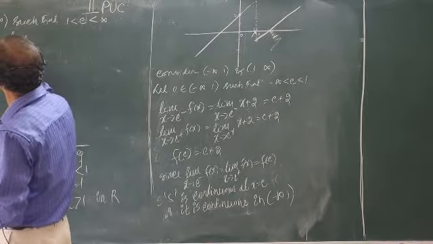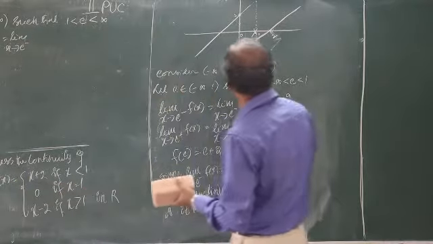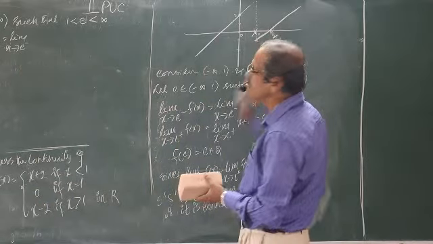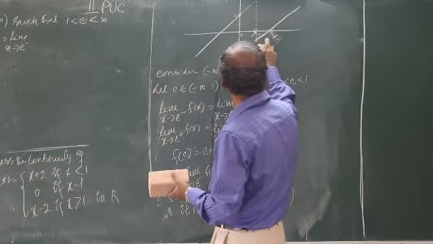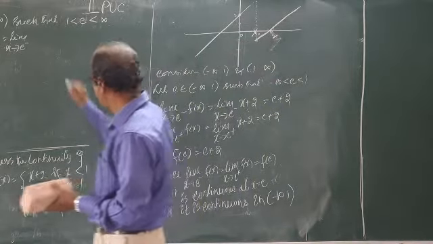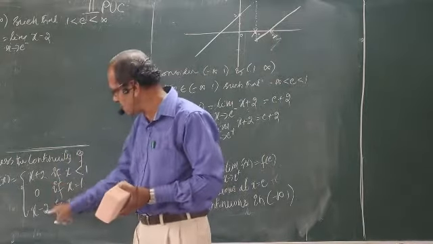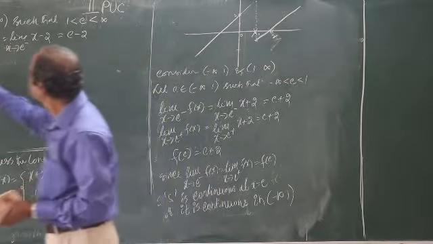Remember, now you have to take the equation for x greater than 1, this portion. C is already greater than 1 now. Approaching that C from the negative side, the equation will be the same: x minus 2, for all x greater than 1. It is C minus 2.